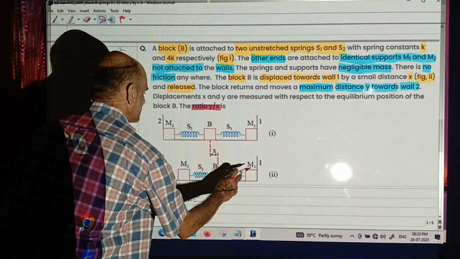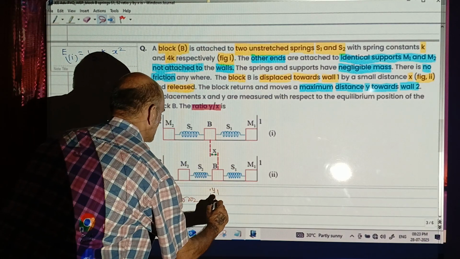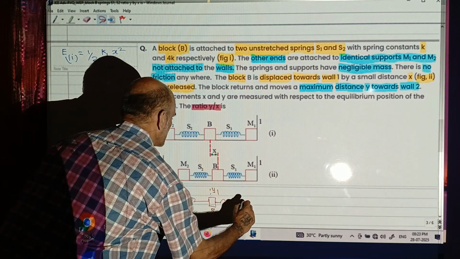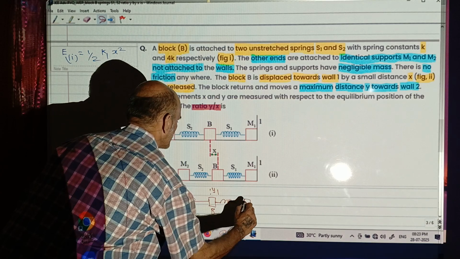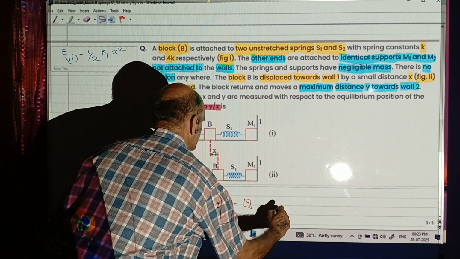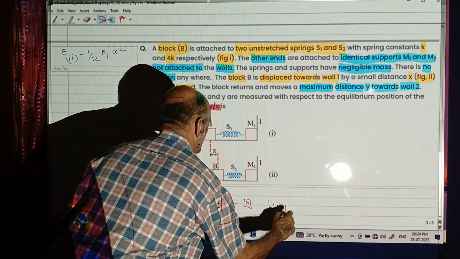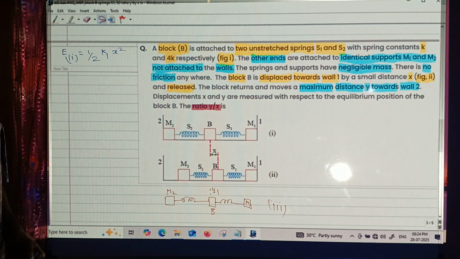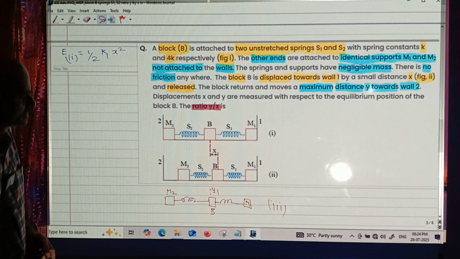And this spring, since the support is free, will be in a relaxed state, and M1 will be somewhere here. So let me call this state 3.